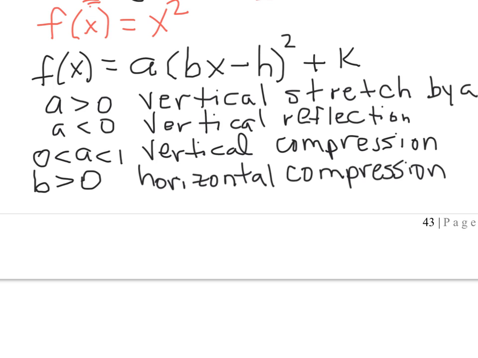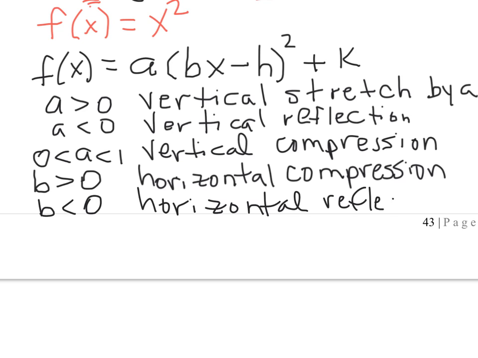Okay? When B is less than 0, it's a horizontal reflection. Now this time the graph is reflecting over the y-axis, or horizontally from side to side. Okay, so this would be a horizontal reflection.